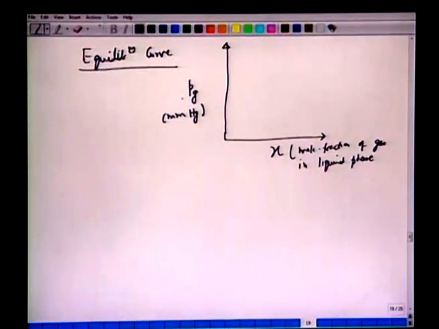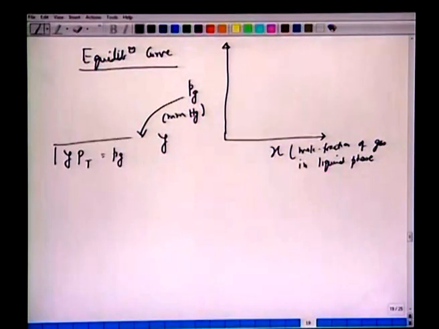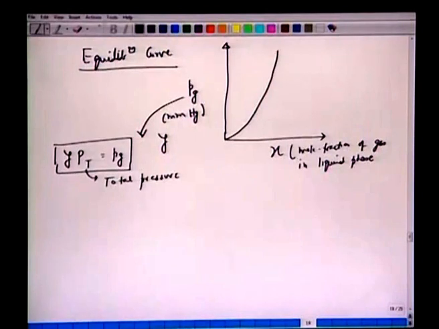Mind you, this Pg can also be written in terms of the mole fraction y in the gas phase, if you apply y Pt equals Pg, where Pt is the total pressure. So, either you could plot y versus x or Pg versus x, and essentially you have some curve like this.